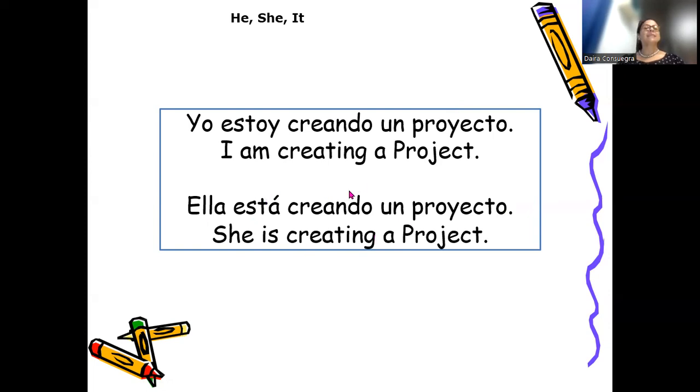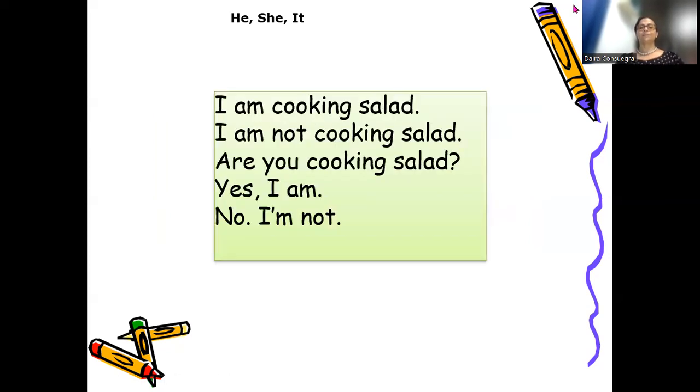It's the same pattern. The only thing that is different here is the verb, am and is. Why? Because remember, I is used with am. He, she, it use is. And you, we, and they use are. So if you know that, you will be able to write sentences.